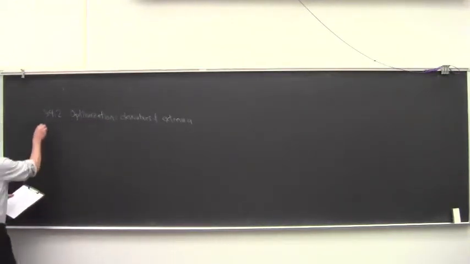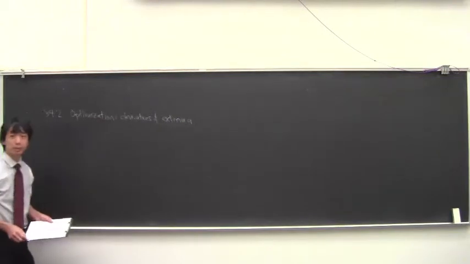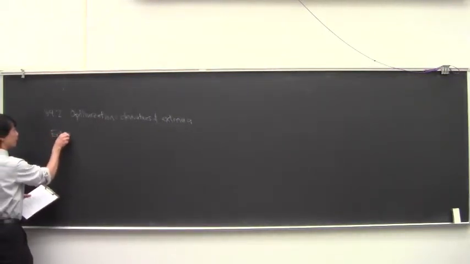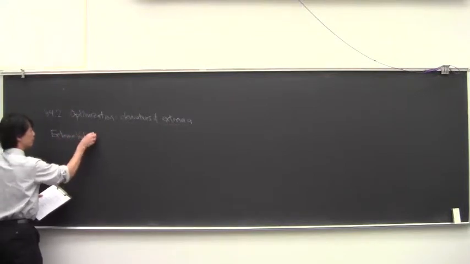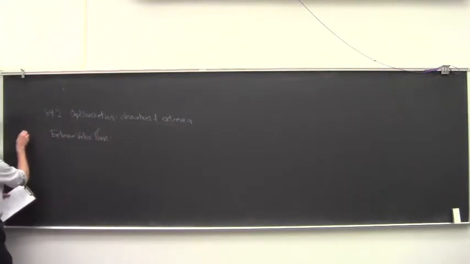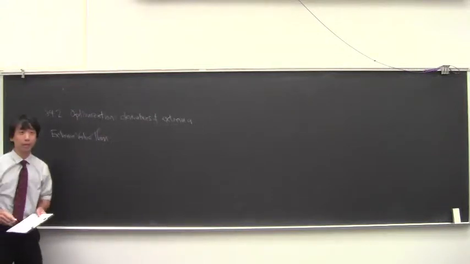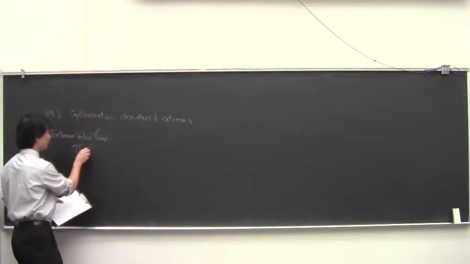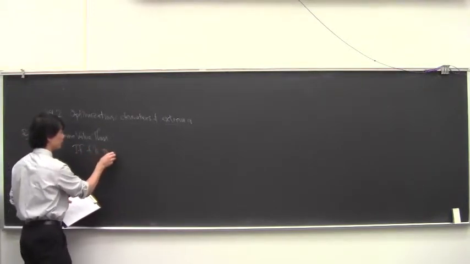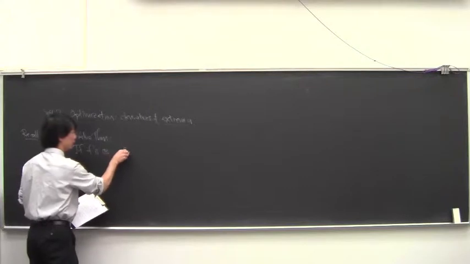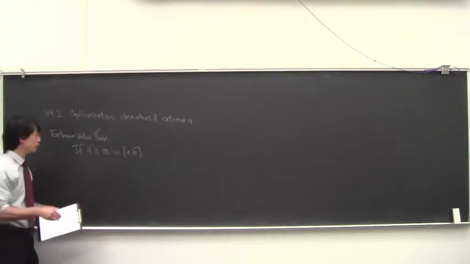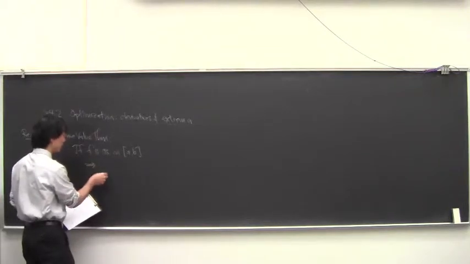So one thing that we mentioned before was this thing called the extreme value theorem. The extreme value theorem says that if f is continuous on a closed interval, then you're guaranteed a place.